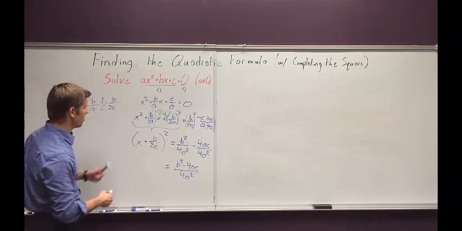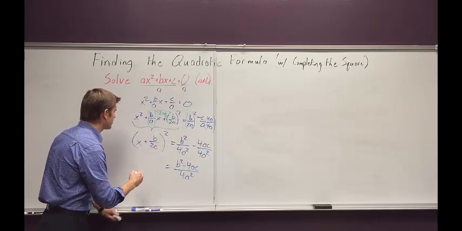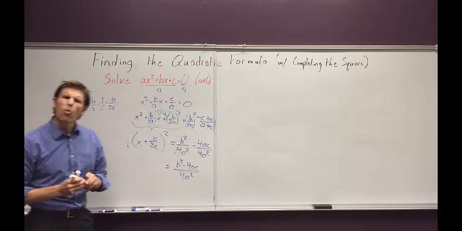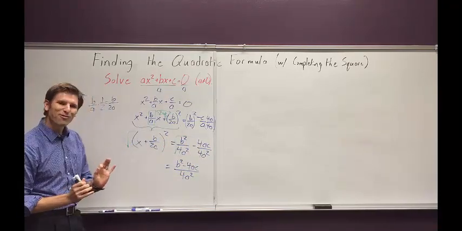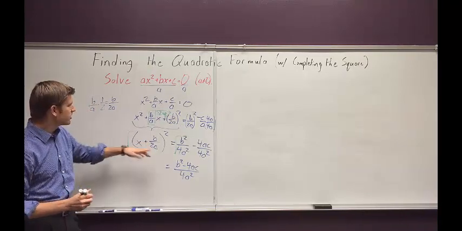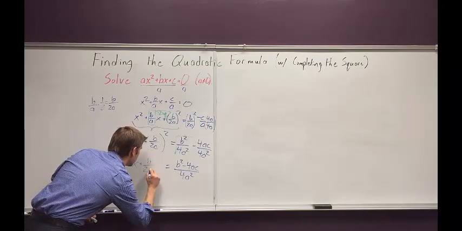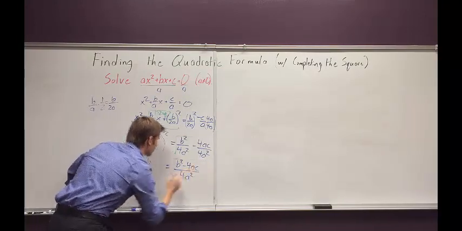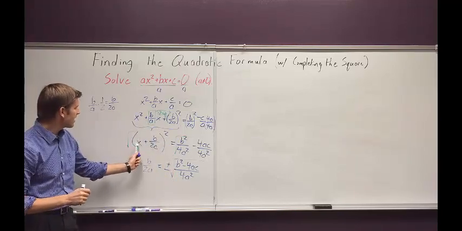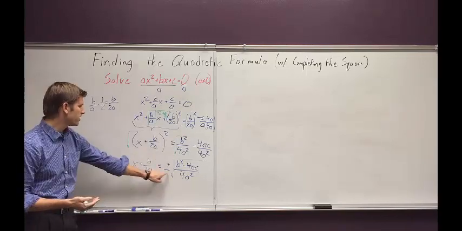If this side squared is equal to that, can I say the square root of that is equal to the square root of that? Well, sort of. The sort of comes in because squaring something makes it positive. So I can say that x plus b over 2a equals the square root of that if I put in a plus or minus, because I can't guarantee that this part was positive. I know the square was positive, but it could have been negative to start with.